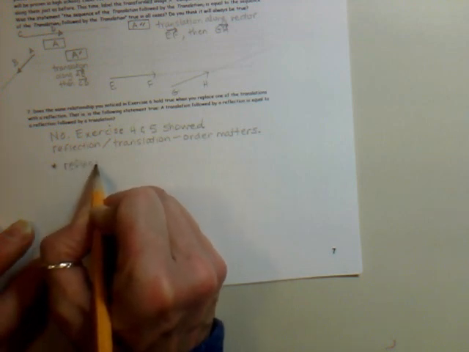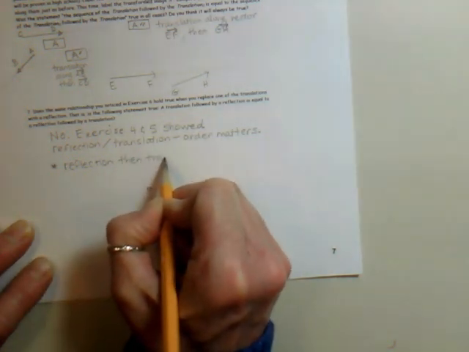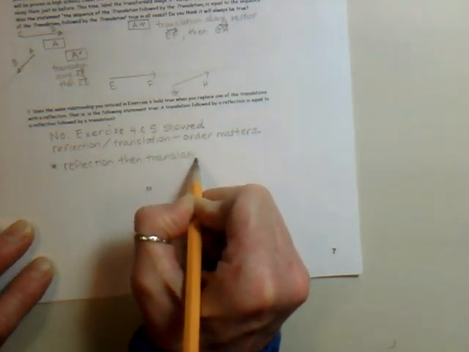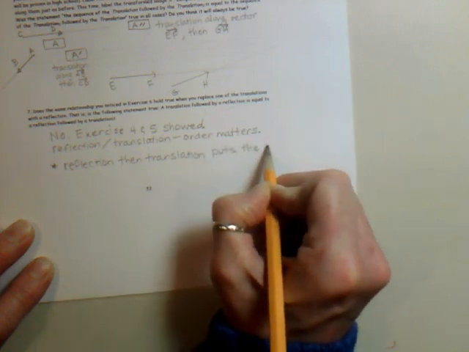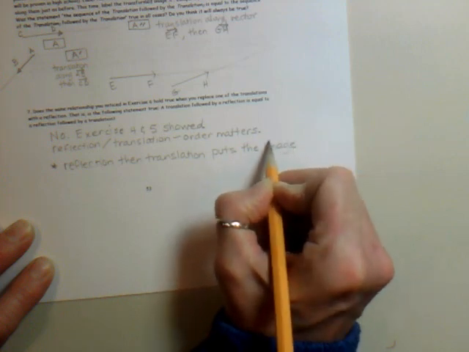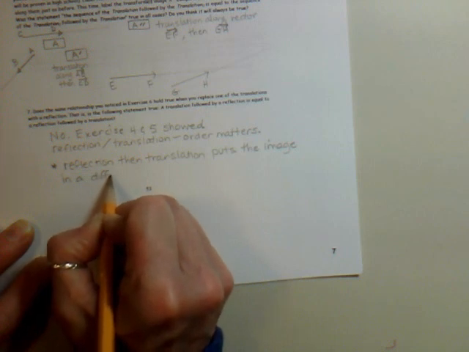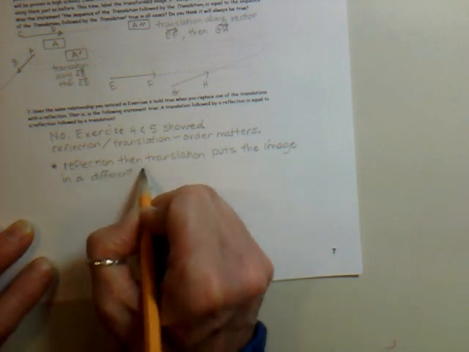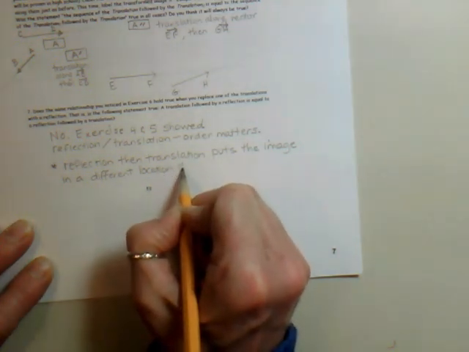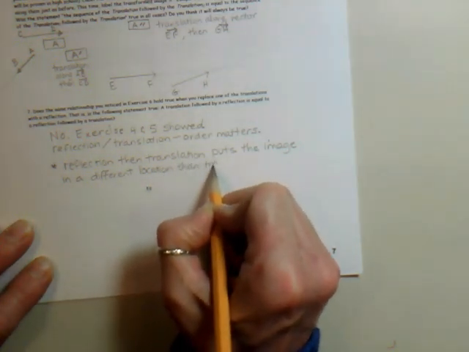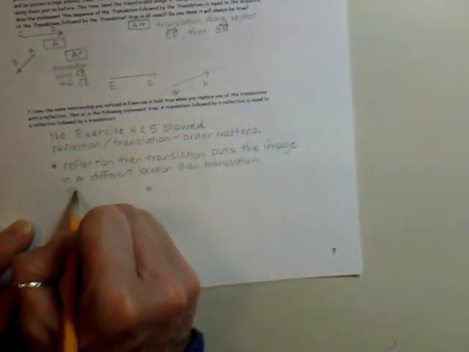A reflection, then a translation, puts the image in a different location than a translation, then a reflection.